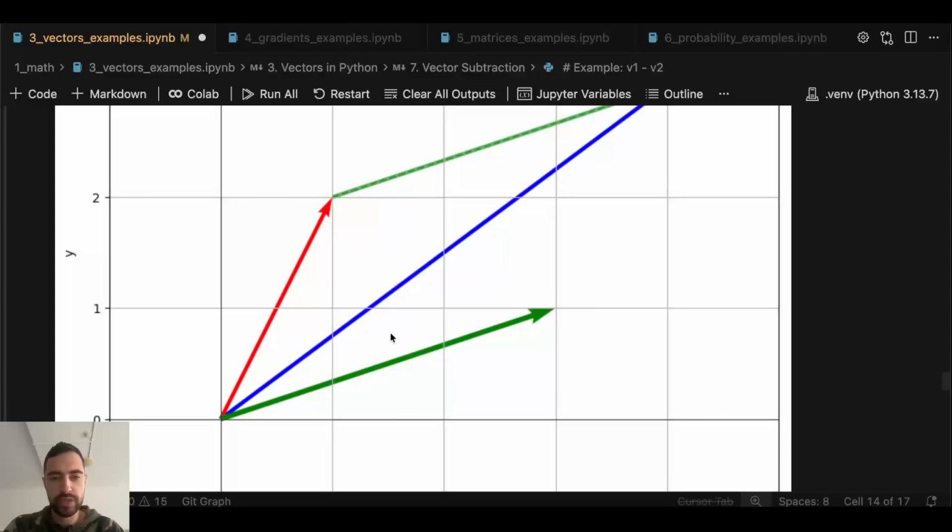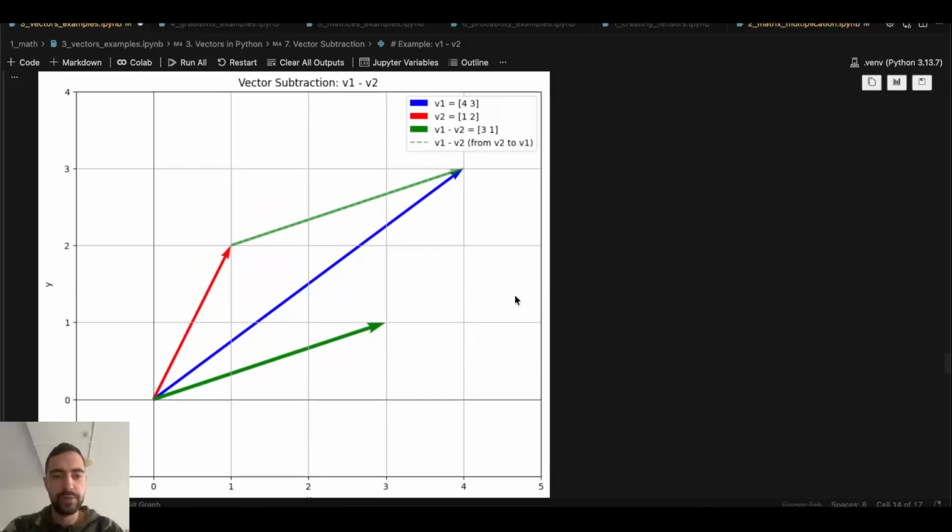We can also show that visually. If we have this blue vector, which is 4, 3, and we have a red vector, which is 1, 2, we can draw a vector from the end of this one to the end of the first one, and then move it back to the origin.